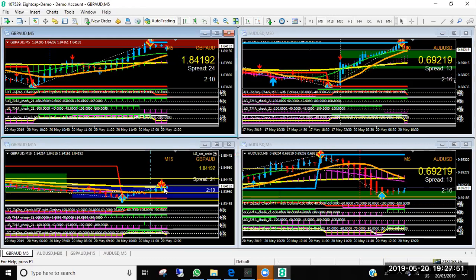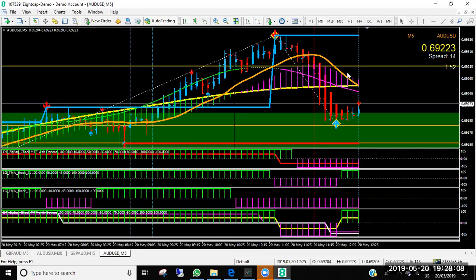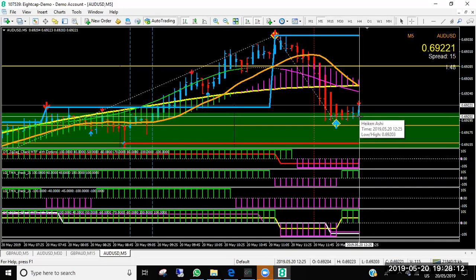There might be still a little bit more, but as you can see, it can move like that for another 5, 10, 15 minutes and grind its way up. But there's enough things to say there's a bit of a ceiling there. So let's measure this little candle here to see what size these candles are.